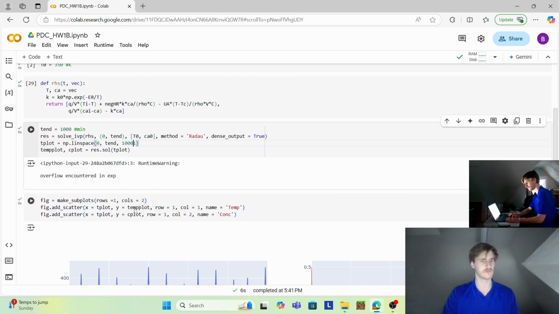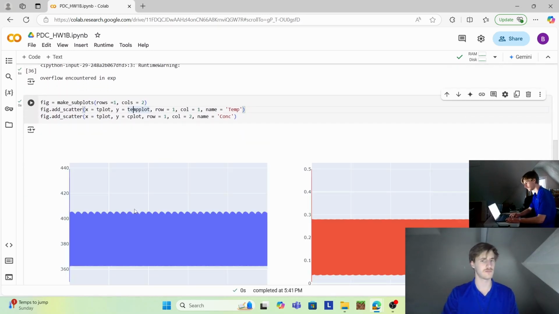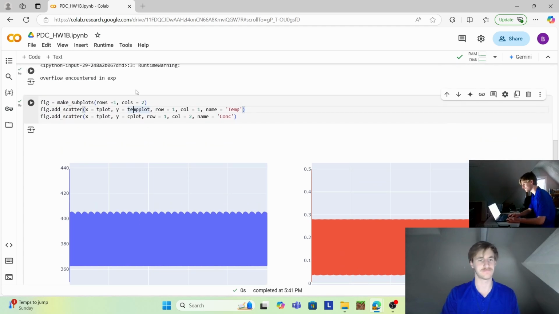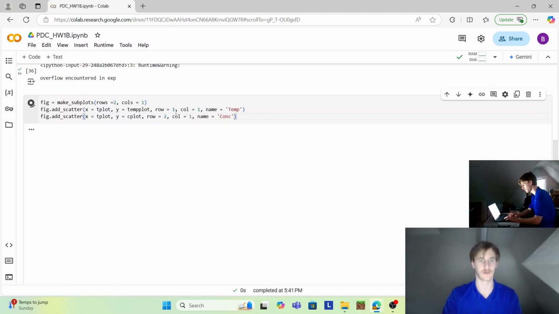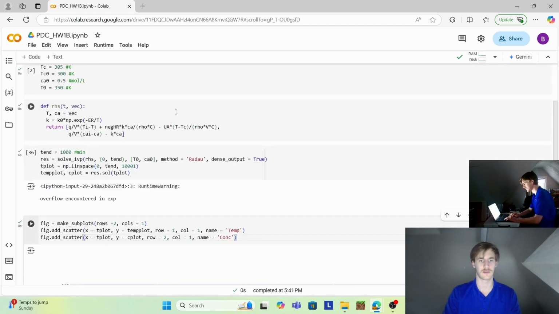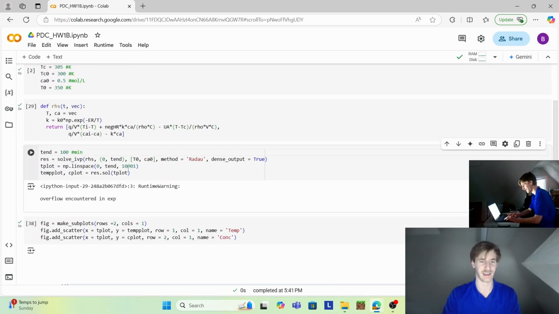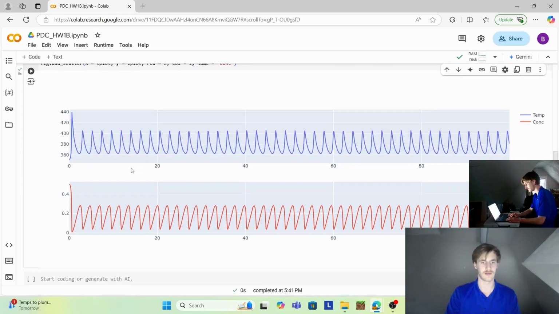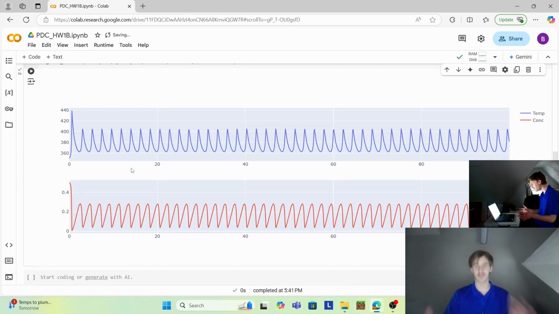Oh, no. Let's try some things. I think 1,000 might have been too many. Let's decrease that a little. Okay, so now we can get a visible graph.